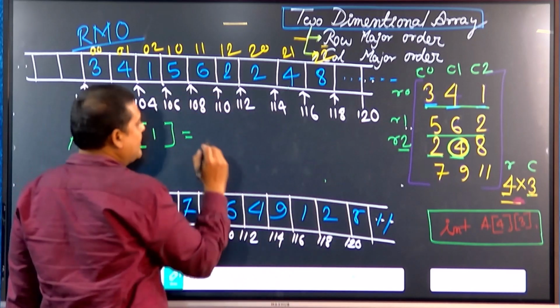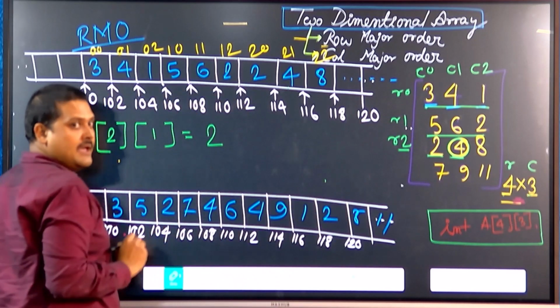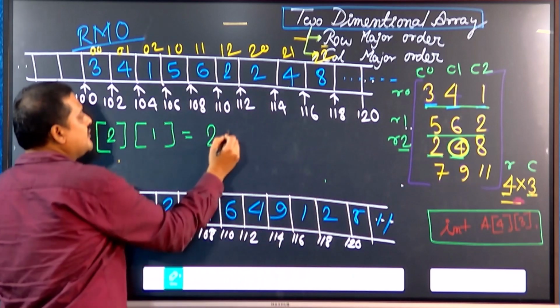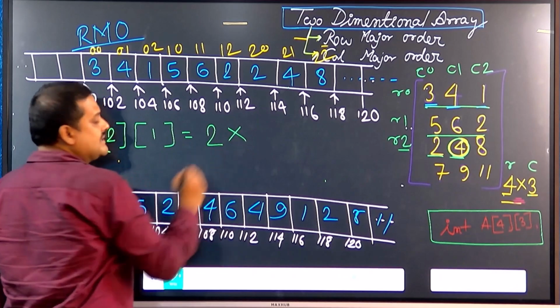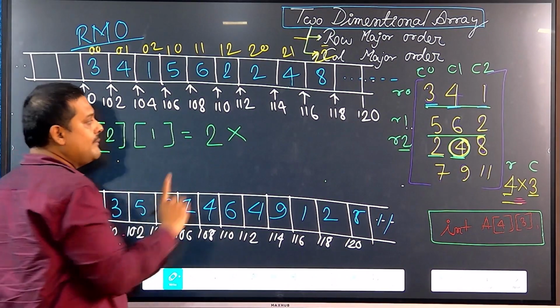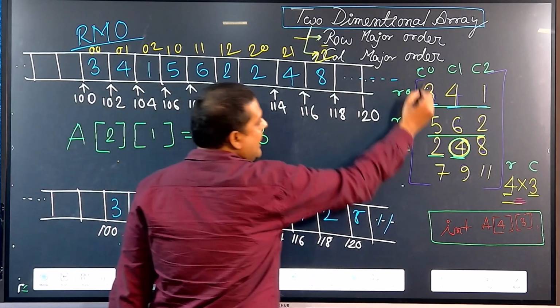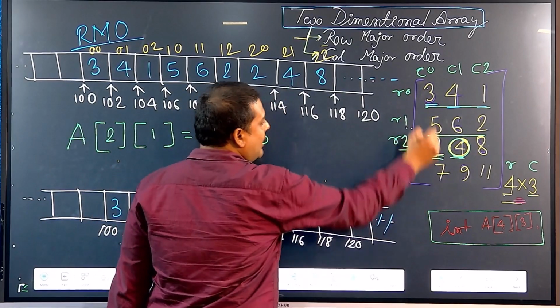I have to traverse 2 rows, and each row has 3 elements, and then I have to go for 1 column value.